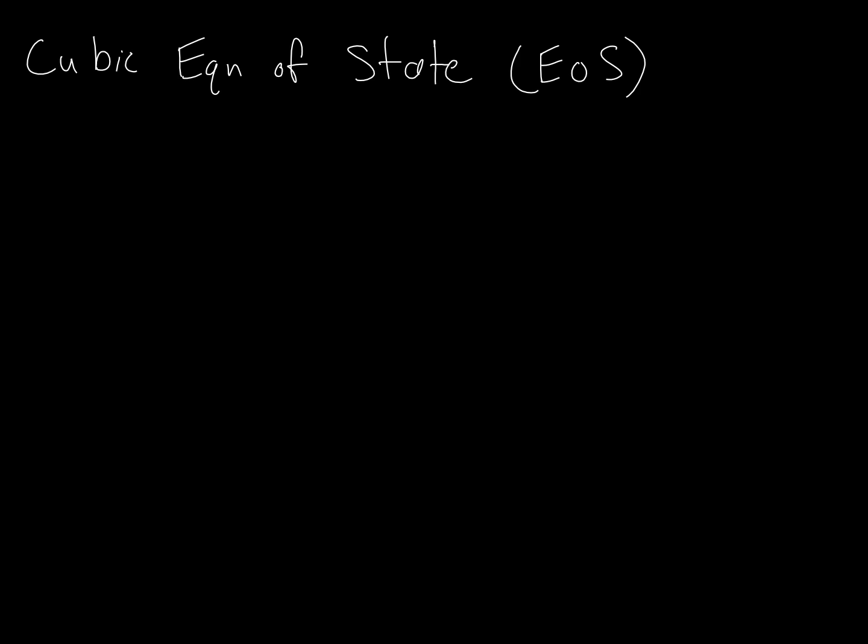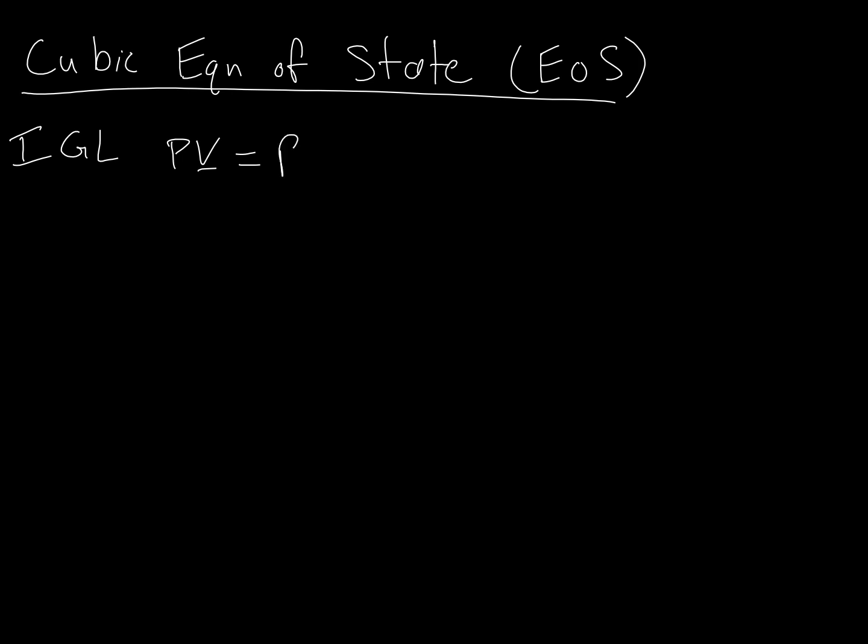So before we build up to a cubic equation of state, let's explore some other equations of state that we march up in terms of complexity. The simplest equation of state that we have is just the ideal gas law, in which case I generally like to write it PV is equal to RT. And for a closed system, this is a really easy way to write it.